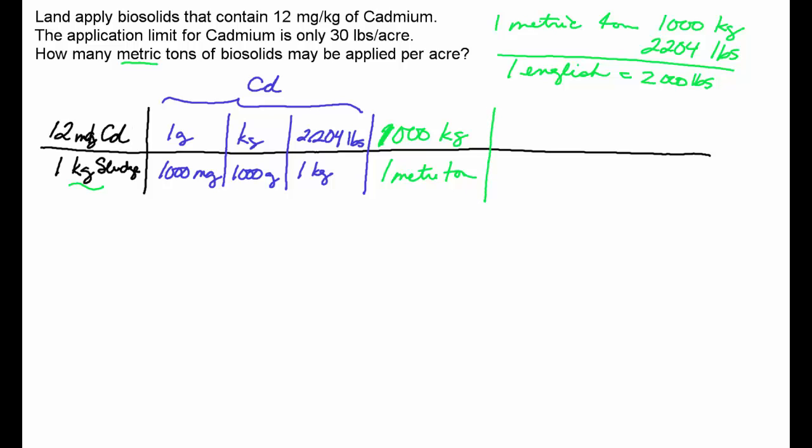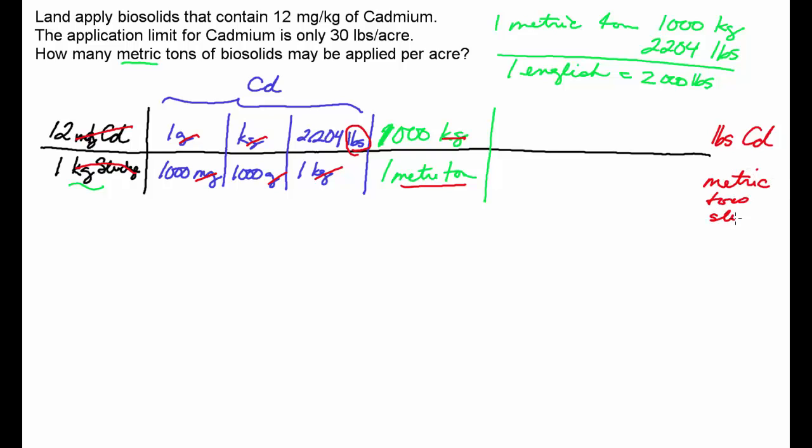So what we're done with here, if I start canceling units out, you see I've got milligrams of cadmium, grams of cadmium, grams of cadmium, kilos of cadmium, kilos of cadmium. So that leaves me down here on this end with pounds of cadmium, and then kilograms of sludge is on the bottom and on the top, and I've got metric tons of sludge underneath.